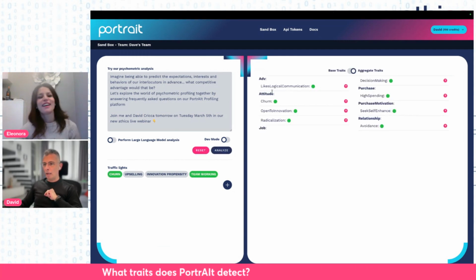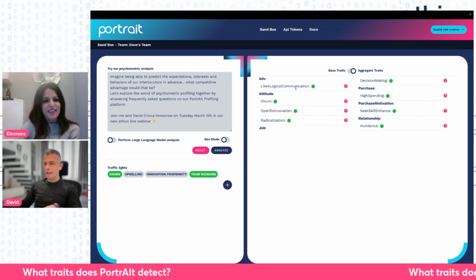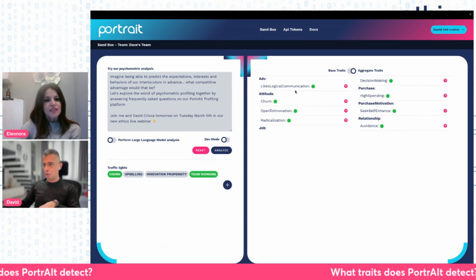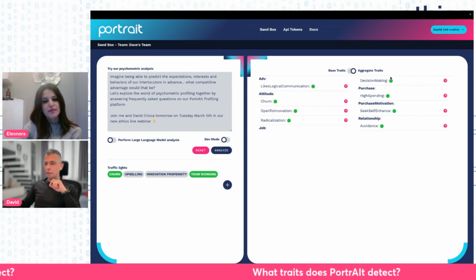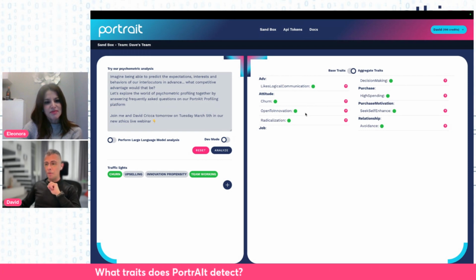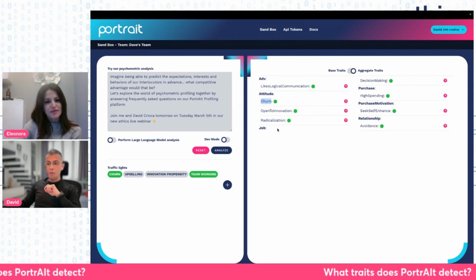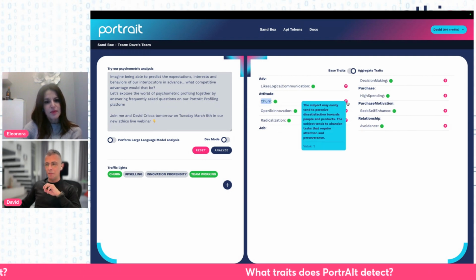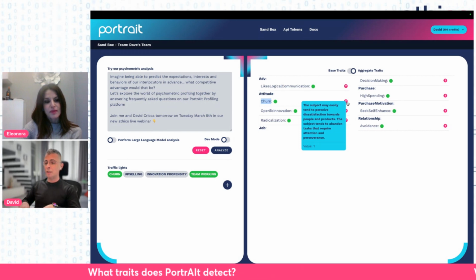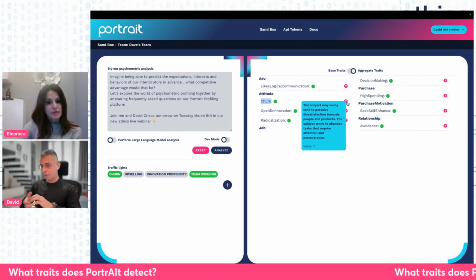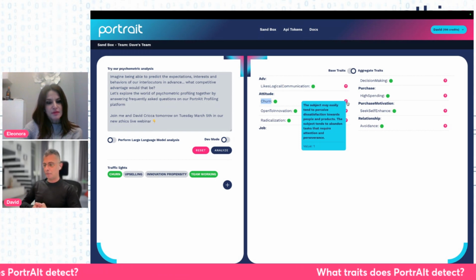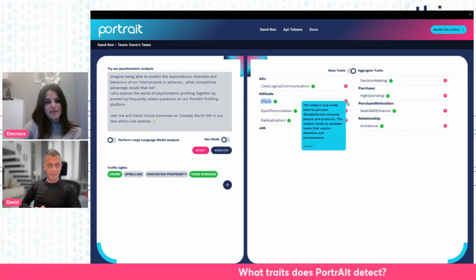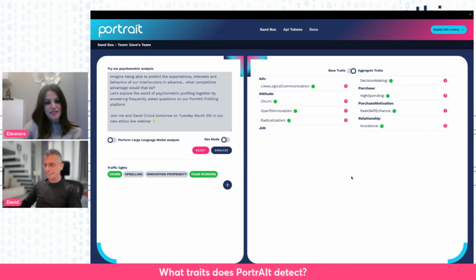So you are a person that likes logical communication. You are a decision-making woman, and you are open to innovation. Well, and you are a churn propensity, so you can leave or abandon the services very fast and without mentioning it.